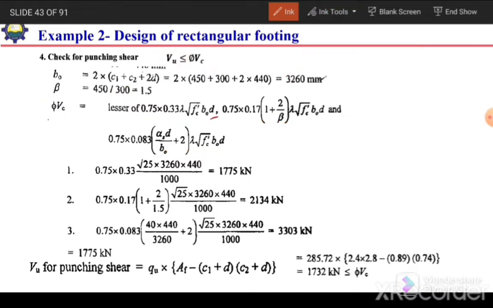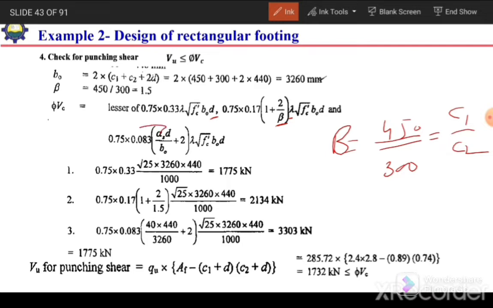The next value that we need is D, which we have already calculated as 440. We also need this beta value, which is the ratio of the longer side of the column to the shorter side of the column. So 450 is the longer side of the column and 300 the shorter side, meaning C1 over C2 is equal to beta. We also need this lambda, which is 1 for normal weight concrete, and in our case we are using normal weight concrete, so its value will be 1.